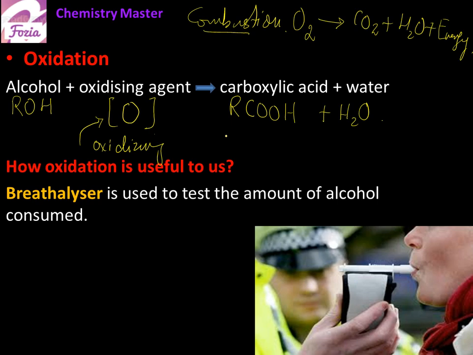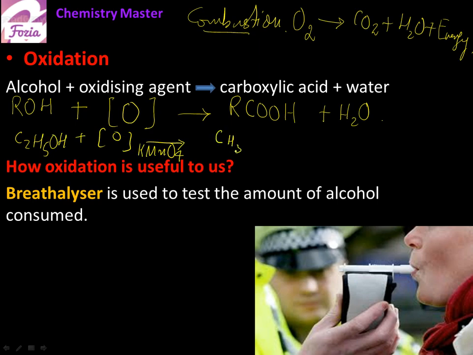Now we'll practice the equation for ethyl alcohol's oxidation. Suppose we have C2H5OH alcohol, and this oxygen is coming from KMnO4, and the product is CH3COOH, that's ethanoic acid, and water is the byproduct.